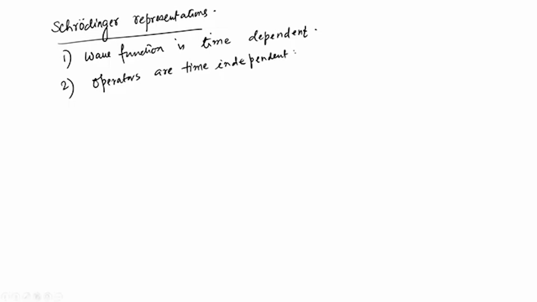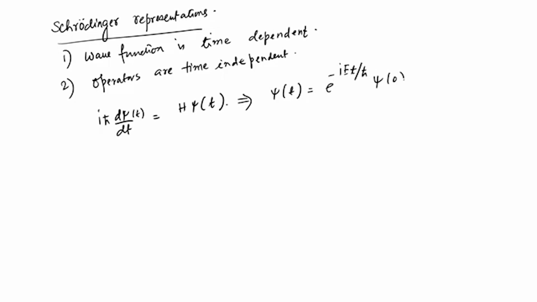So, all the operators are time independent, and we obtain the time dependence of the wave functions by solving this equation, which is the Schrodinger equation, which is what we have seen. And of course, the wave functions also depend on the position coordinate. Right now we are just talking about the time dependence, and this gives you the solution that psi of t is equal to exponential minus i E t over h cross psi of 0.